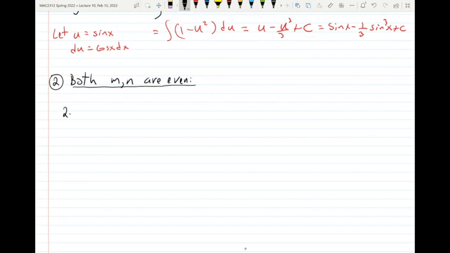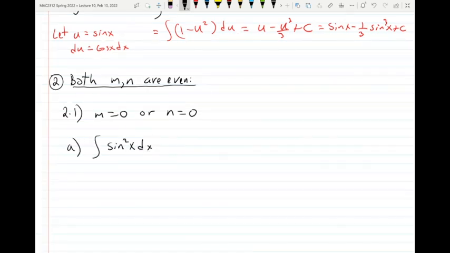So first, the idea is that once you understand what to do when one of them is 0, the other case reduces to this previous case of one of them being 0. So if we understand one of them being 0, then we know the other case as well. So 2.1, m equals 0 or n equals 0. Okay, I'm going to illustrate this via example. So let's first do sine squared.